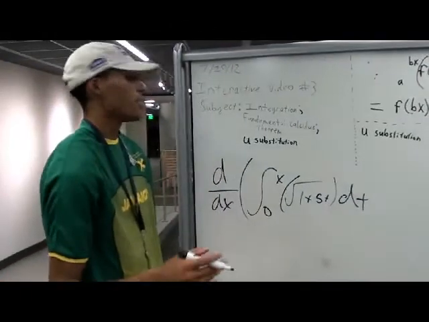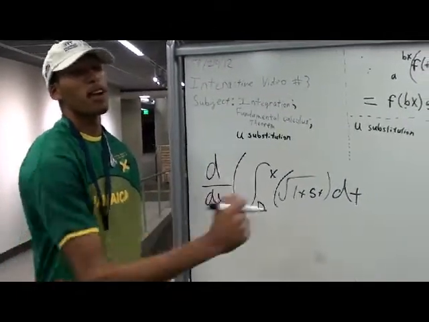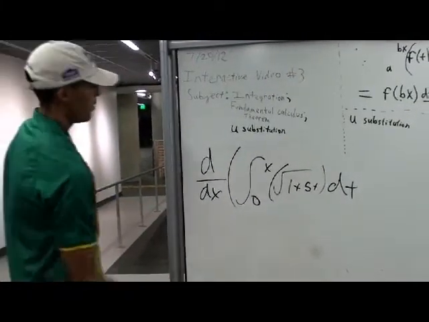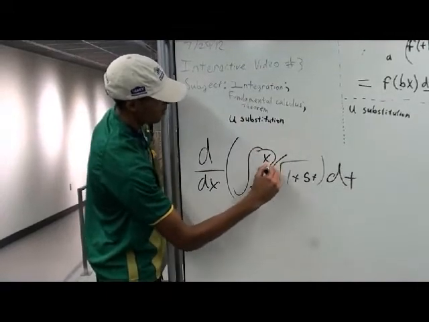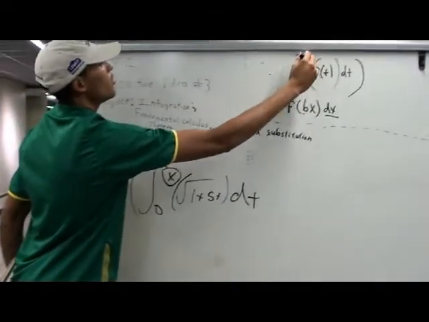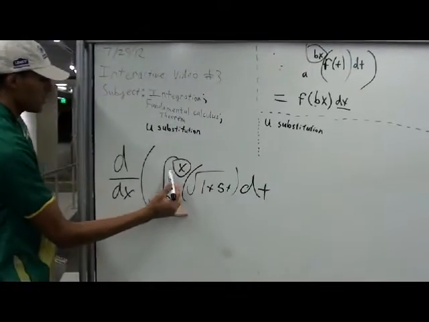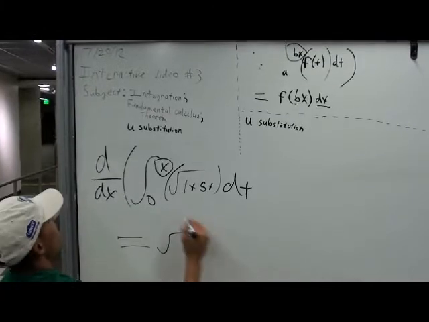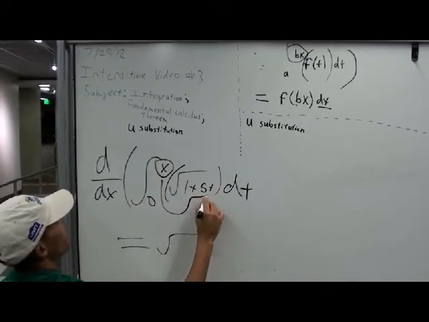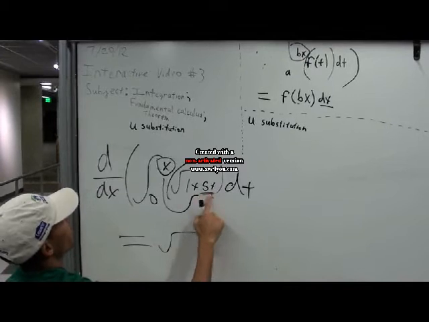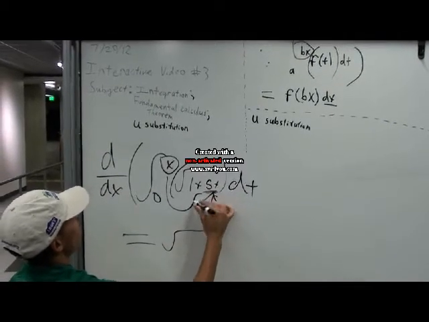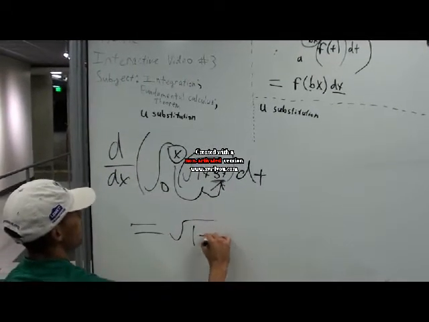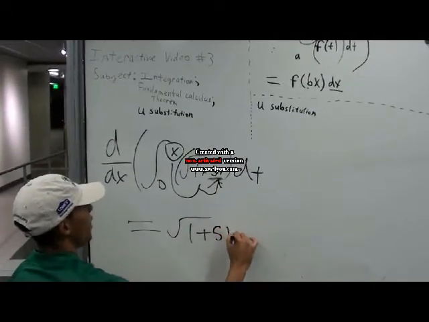Alright, we got that? Good. Now let's solve these two problems. Let's knock them out. So again, what we said here, this is like our b of x. So to solve this problem, all we do is literally put x in for t, which gives us root 1 plus 5x.